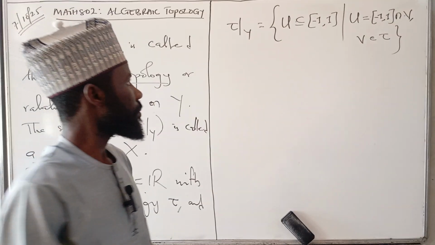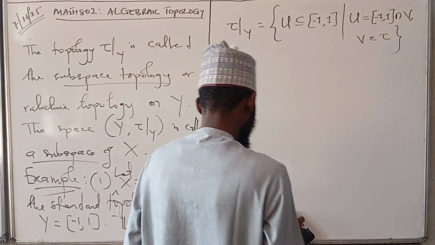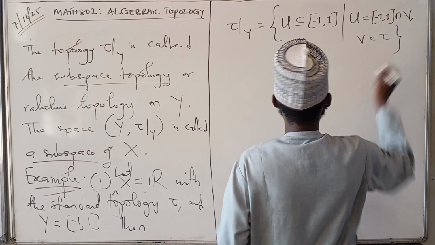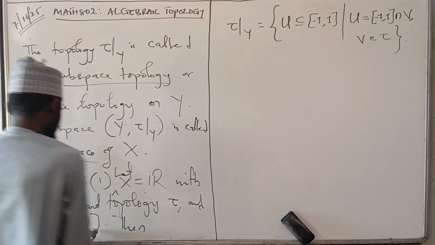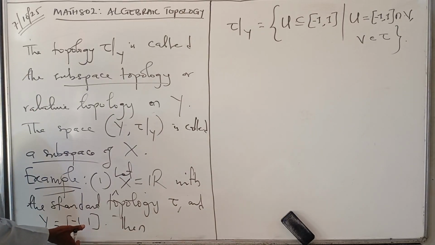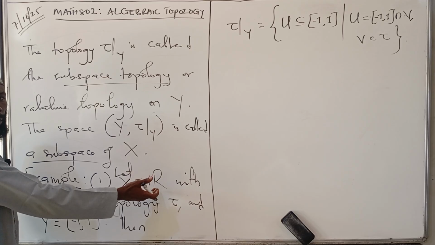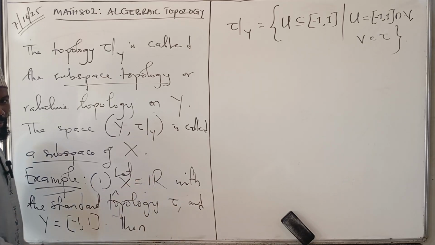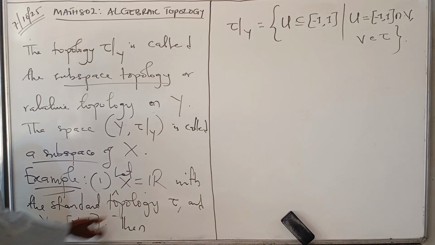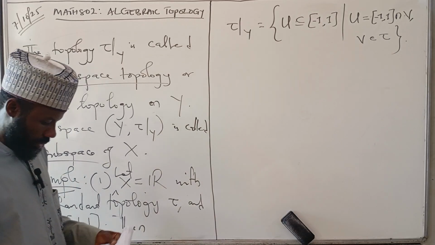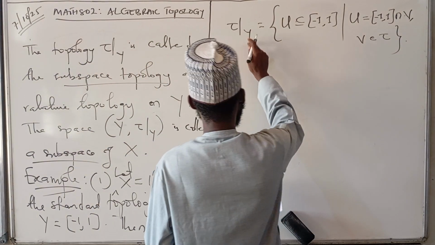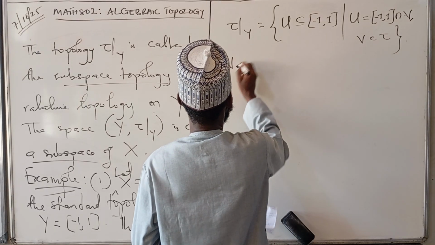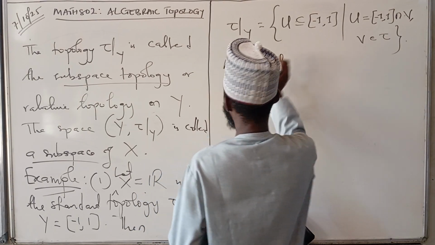Is that okay? So with respect to this topology, this is a topological space. But you know this topological space is not homeomorphic to R because this is compact, but this is not compact. So they are not the same.